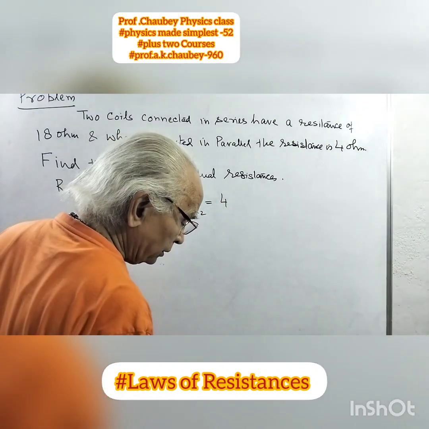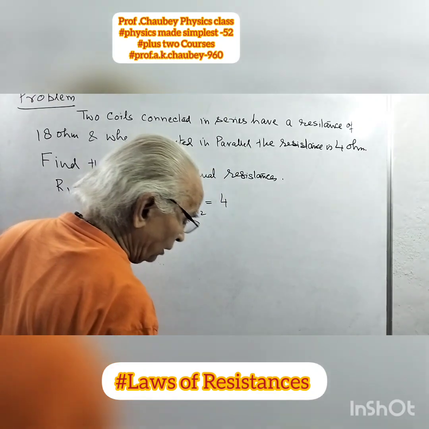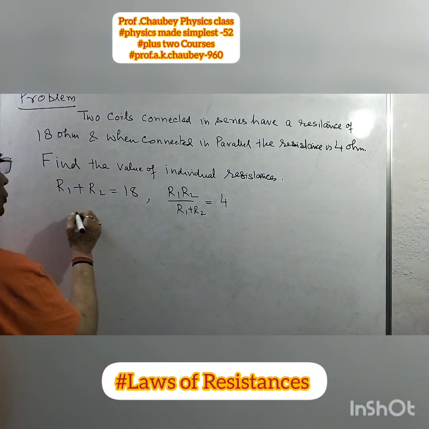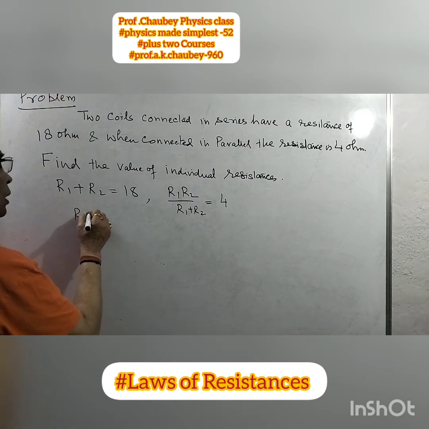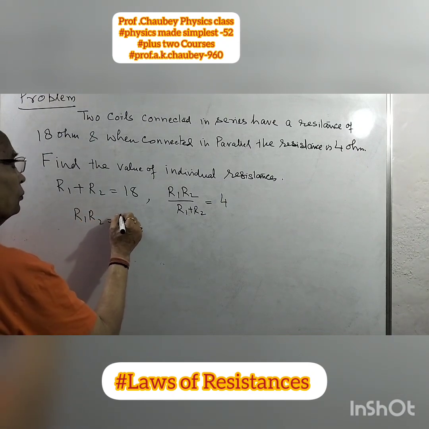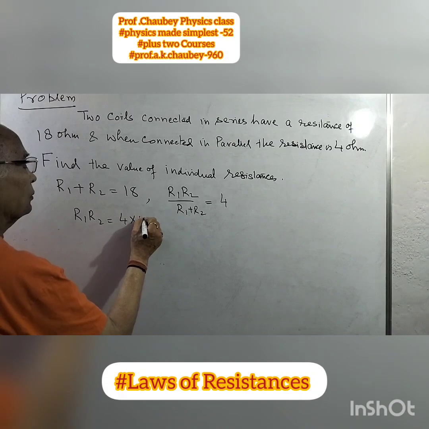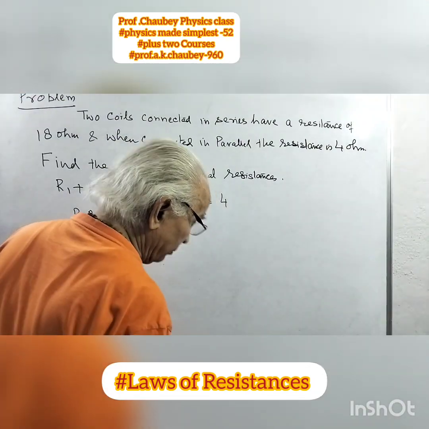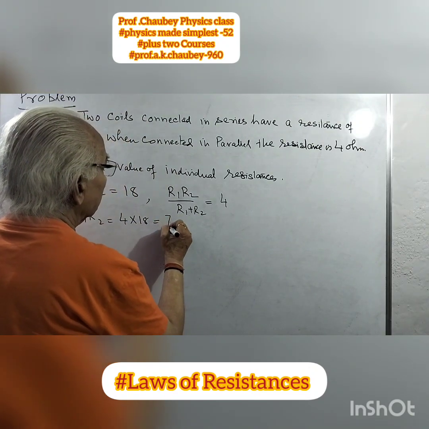These two things are given. Now R1 plus R2 here is 18, so you can get R1 into R2 is equal to 4 into 18. This 18 comes here. So that means it becomes 72.